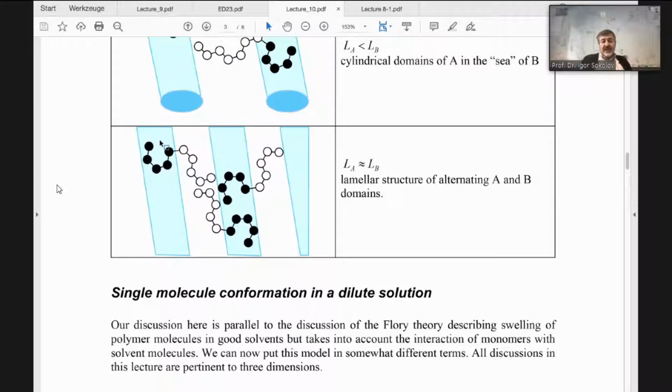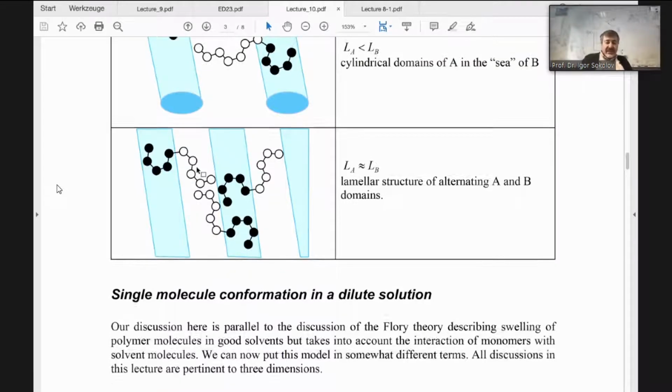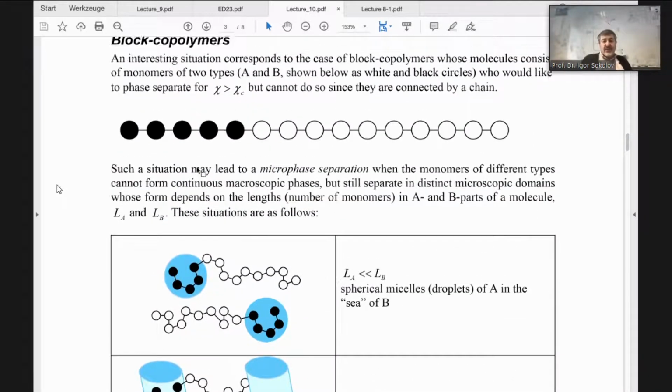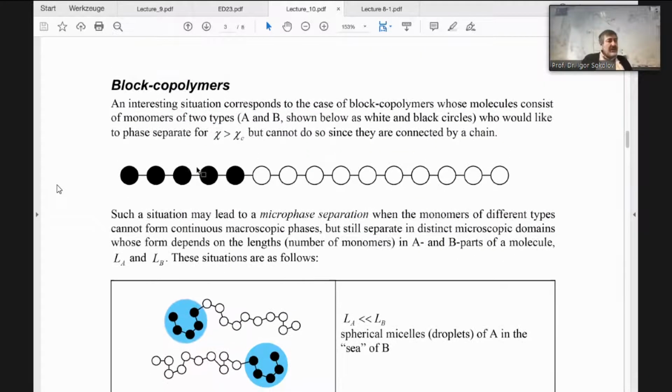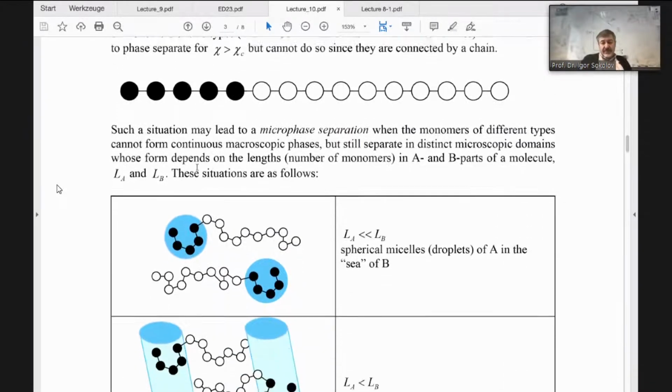Because what you have here is something like a melt of the heads, so to say, and here you have something like a melt of the tails. But this is an important and interesting situation, and it still is under extensive investigation, because there are also materials which are built like this.